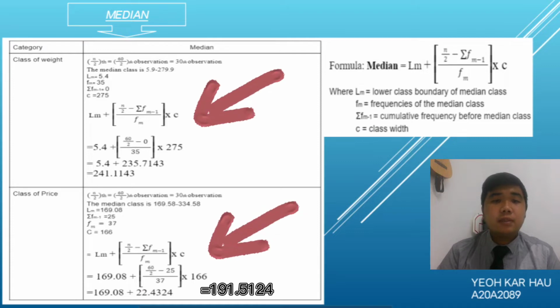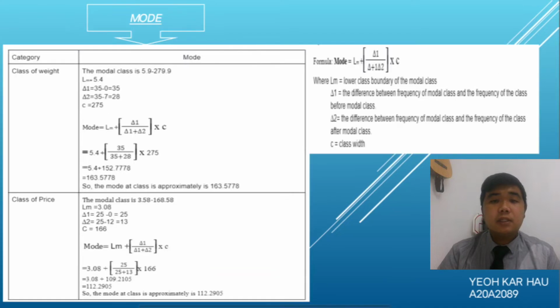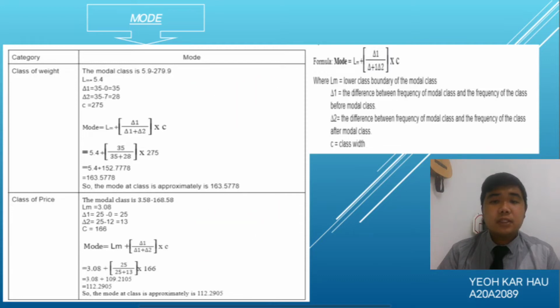So we fill the numbers into the formula, then we get the median of wedge is 241.1143 and the median of the price is 191.5124. Last is mode, the value that appears most frequently in a dataset. We also fill the numbers into the formula, so we get the mode of wedge is 136.5778 and the mode of price is 112.2905. That's all my part.